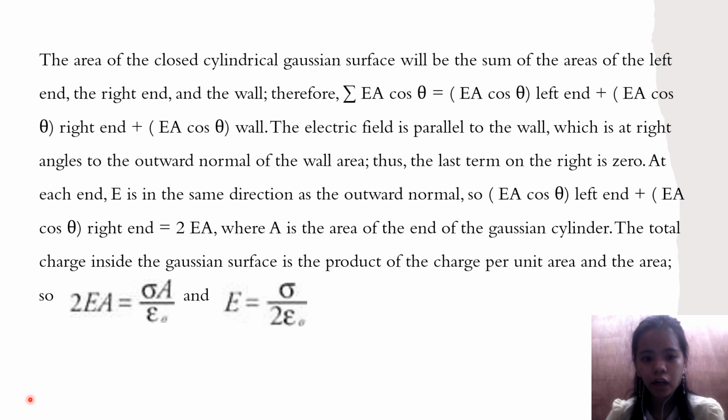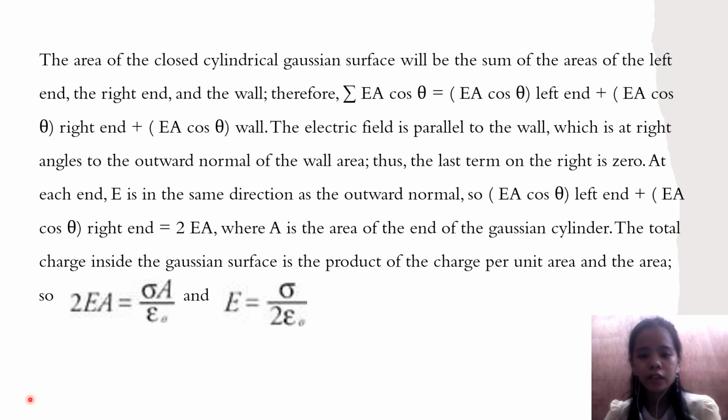The area of a closed cylinder Gaussian surface will be the sum of the areas of the left end, the right end, and the wall. Therefore, the summation of EA cosine delta is equal to EA cosine delta for the left end plus EA cosine delta for the right end plus EA cosine delta for the wall.